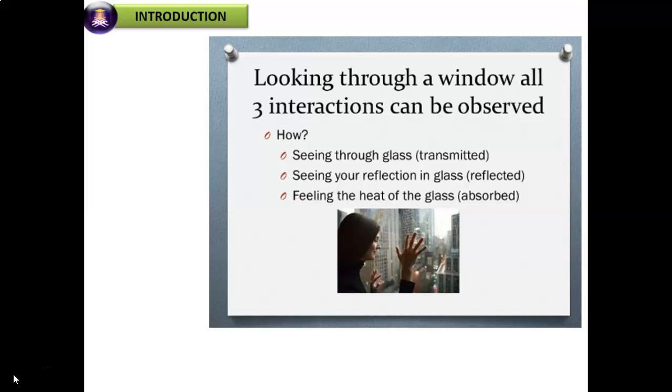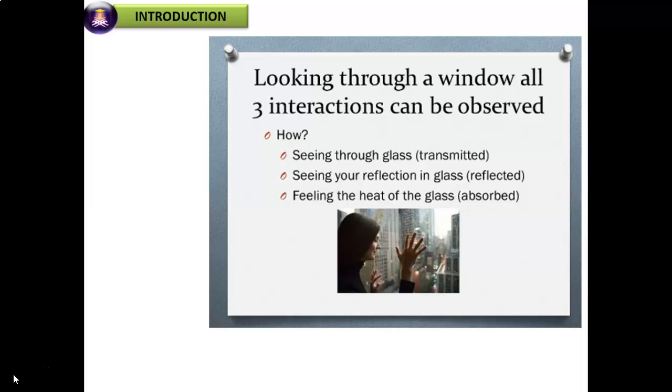Okay, light is reflected. For example, seeing your reflection in glass. Reflection is when the light bounces off an object. So if the surface is smooth and shiny, like glass, water, or polished metal, the light will reflect at the same angle as it hit the surface. And transmitted, for example, seeing through the glass, whereby light travels through a medium such as glass without being reflected, absorbed, or scattered.